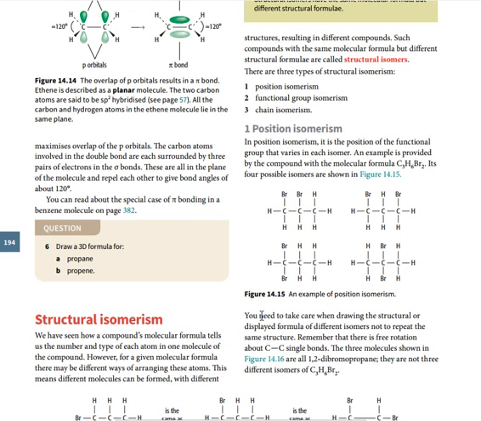Stereoisomerism is the existence of molecules having the same molecular formula but different spatial arrangement of atoms in the molecule. So now, what are the different types of structural isomerism?